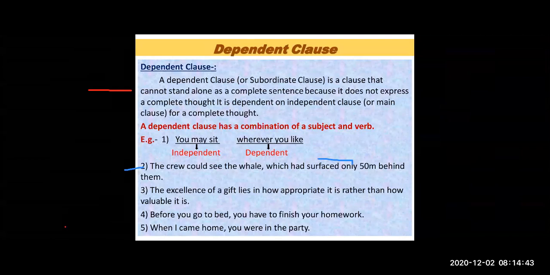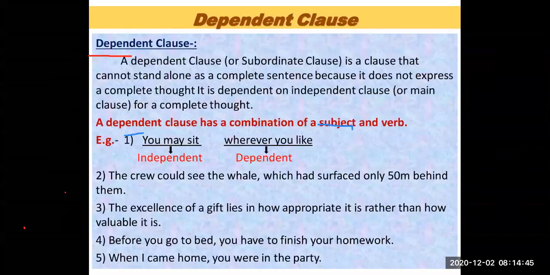So this dependent clause is dependent on which clause? Independent clause. We have seen the definition, that a dependent clause is a clause that cannot stand alone. Now see, wherever you like, this sentence cannot stand alone because it does not express a complete thought, though it has a combination of subject and verb.